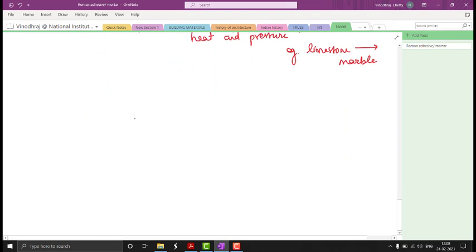Then talking about the physical one, physical classification, that is pointer B. In physical classification, there is stratified, unstratified, and foliated.